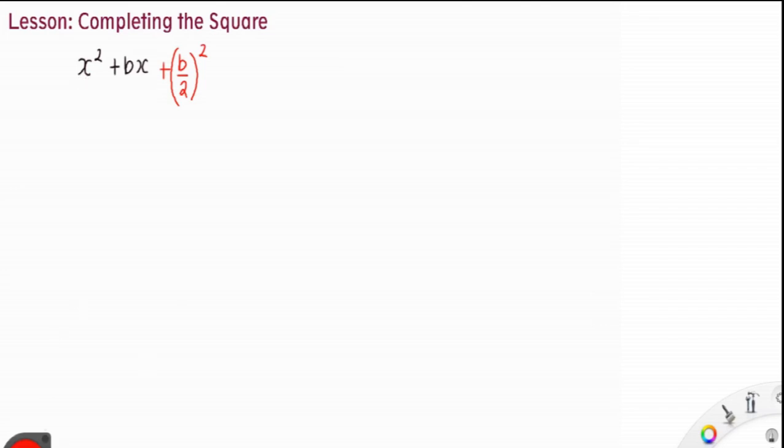Okay, so let's just follow the three simple steps. The first step is get the c value, which is the third term. To get that, you can use this formula, b over 2 squared. For the next step, we have to complete the form or the square.